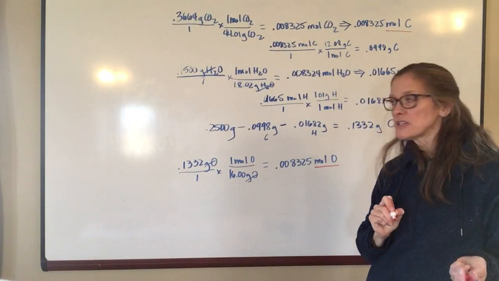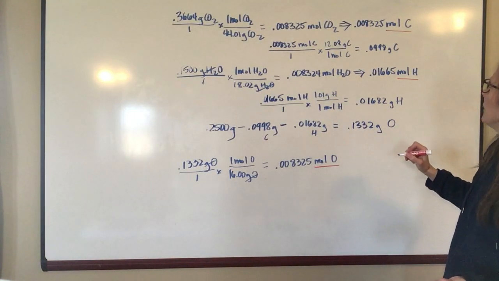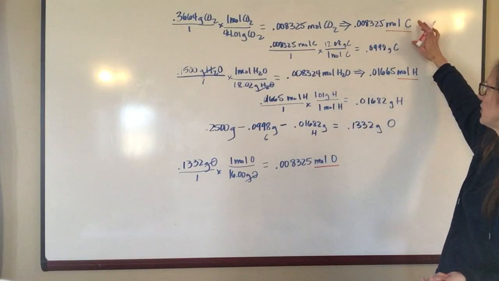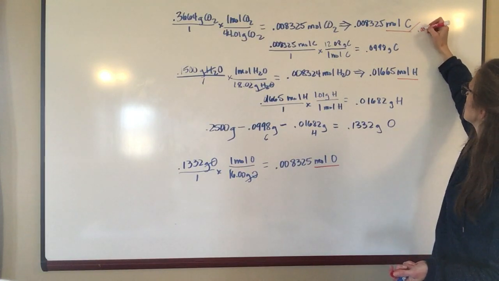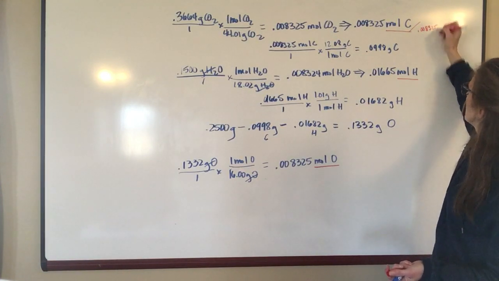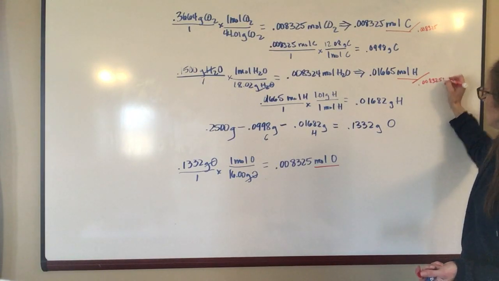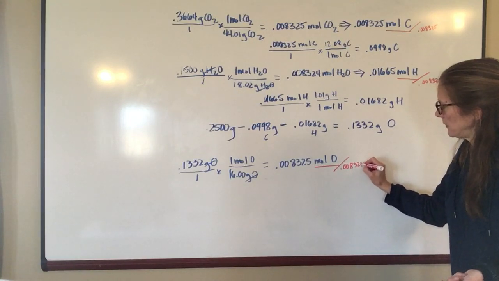We're going to do just like we did before, and we're going to find the smallest number. As it turned out, the moles of oxygen and the moles of carbon were the same. This is the bigger number. So if I divide this by 0.008325, I divide this by 0.008325, and I divide this by 0.008325.